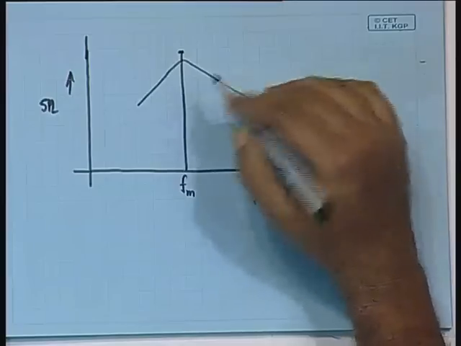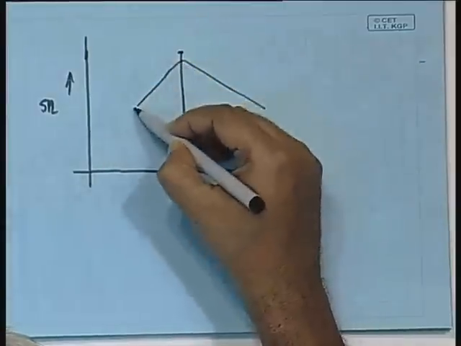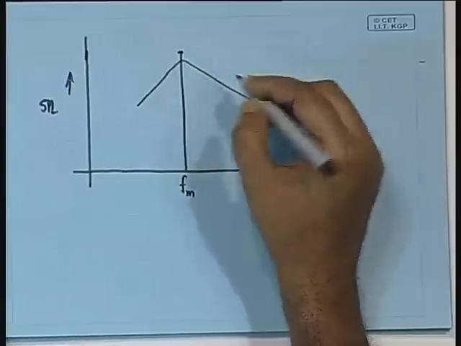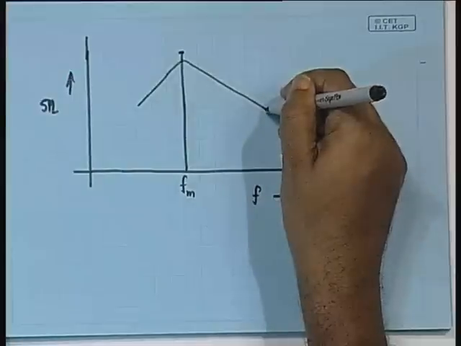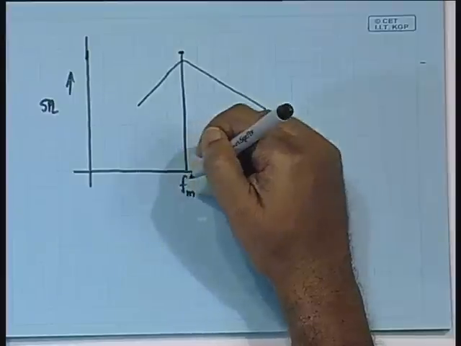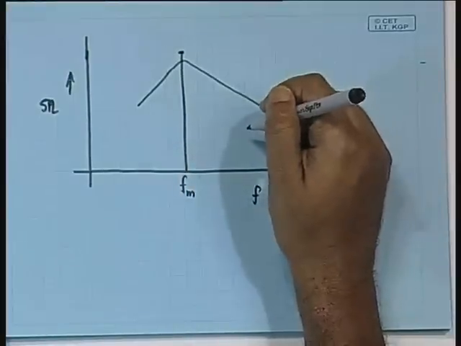It is also seen that to the left of this, that is, the lower frequencies, generally have a sharper masking threshold fall off as compared to the higher frequencies, which means lower frequencies are less masked as compared to higher frequencies.